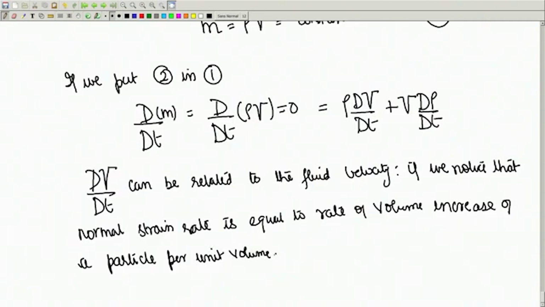Okay, so the normal strain rate actually is equal to the rate of volume increase of a particle per unit volume. All right.